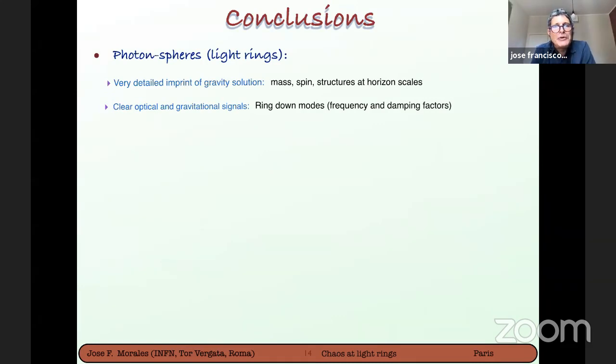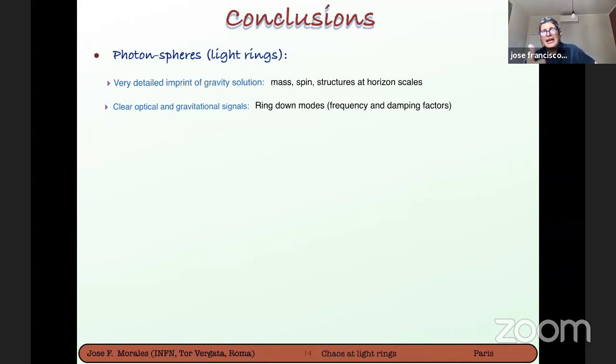What is nice about this region is that it provides a very clear optical and gravitational signal that we can, in principle, measure. We are already measuring the frequencies and damping factors of ring-down modes. Therefore, we hope we can start to look for deviations from general relativity in this damping factor.